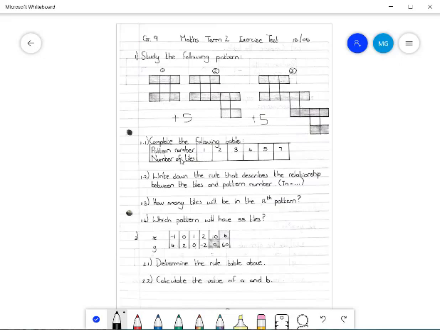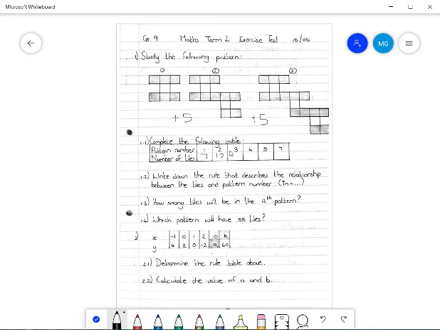Okay, so the number of tiles at pattern 1 is 5. Oh, sorry, it's not 5. It's 7. Okay, pattern 2, it was 7 plus the 5, which gives you 12.